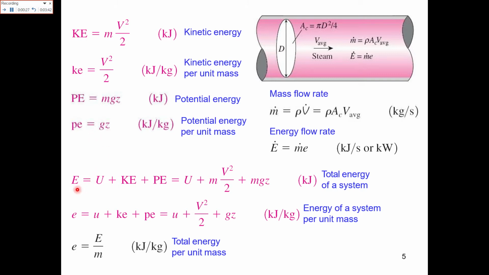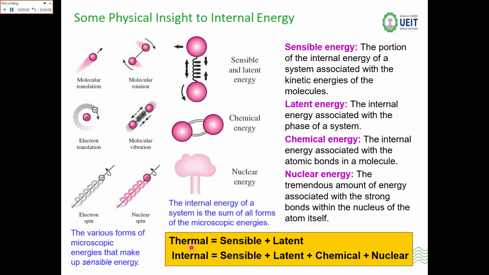So the total energy would be internal energy U plus kinetic energy plus potential energy. That would be equal to U plus mv squared over 2 plus mgz, and the total energy per unit mass would be equal to small u plus v squared over 2 plus gz. So basically the small letter is used for energy per unit mass.